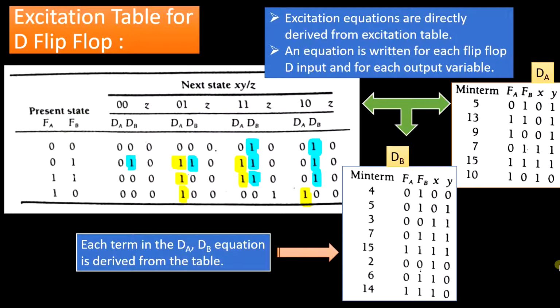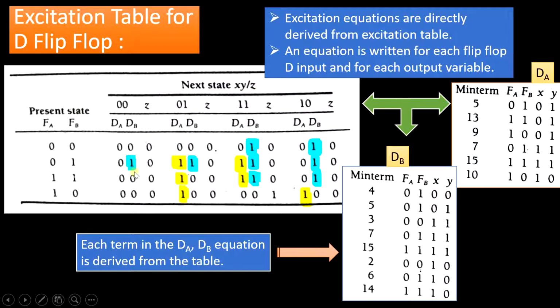Now, from the excitation table, we need to obtain the excitation equations. For that, we will write an equation for each flip-flop input, that is D, and for each output variable. If you observe, whenever we specified the next state, x and y corresponded to the input and z corresponded to the output.